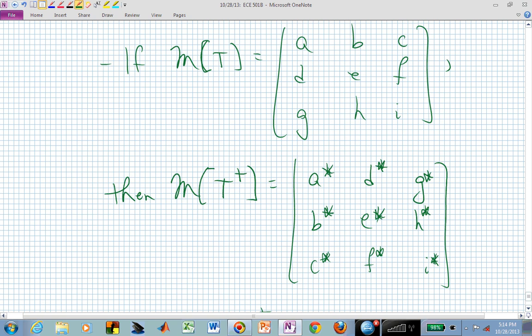If A is a complex number and it equals its complex conjugate, we can't be changing the sign of the imaginary part and have that equal. So it can't have an imaginary component. A equal to A star says that that term is real if these maps are self-adjoint. What about E and E star? Real. I and I star. The diagonal entries are going to be real, aren't they? In the matrix representation of a self-adjoint operator.